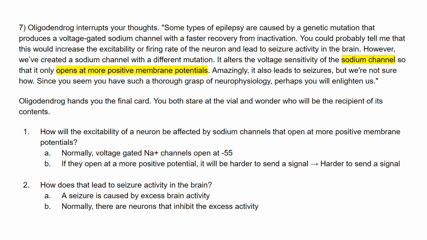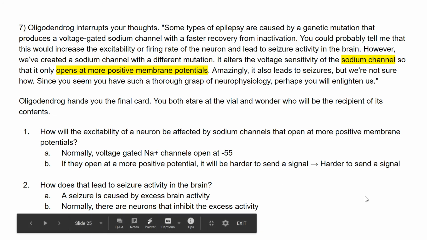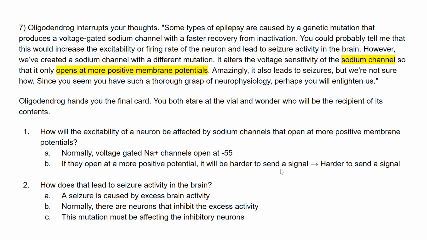Normally we have inhibitory neurons that will prevent signals from happening. So in this case, if a seizure is being caused in an instance where it's harder to send a signal, I would guess that it's those inhibitory neurons that are not able to signal.